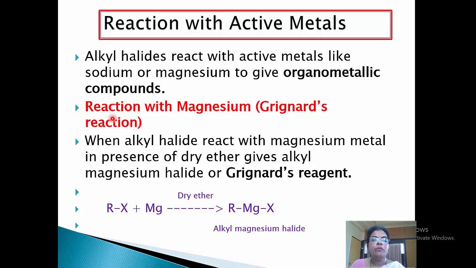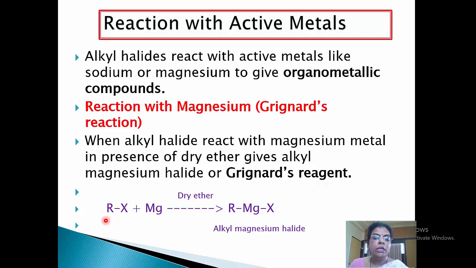Now the first reaction we are going to see is the reaction with magnesium metal. This reaction is also known as Grignard's reaction. When an alkyl halide reacts with magnesium metal in the presence of dry ether, it gives alkyl magnesium halide, also named Grignard's reagent.